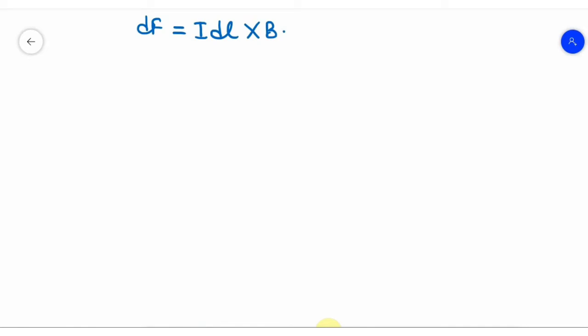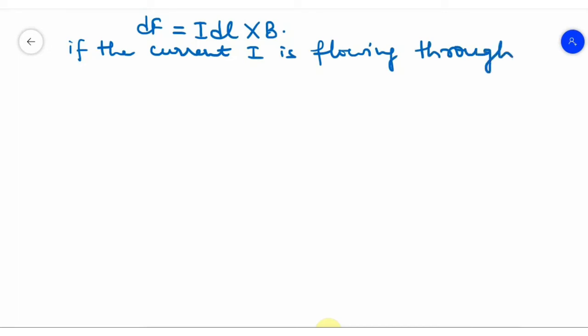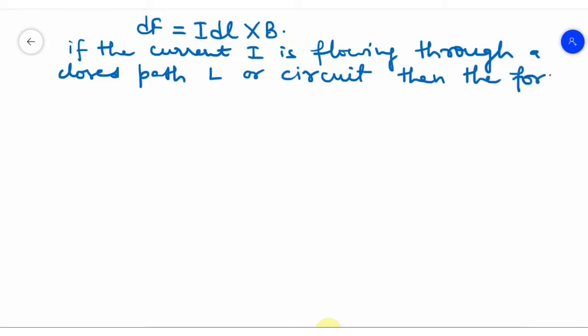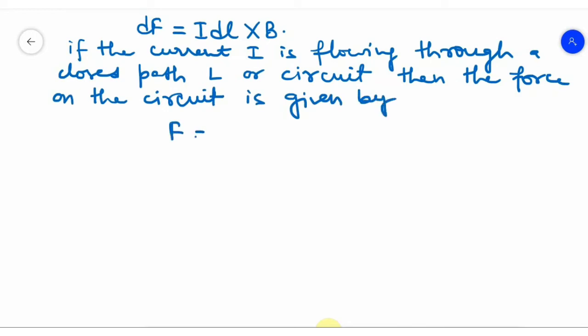Now if the current I is flowing through a closed path L or circuit, then the force on the circuit or that closed path is given by, what will that force F be?